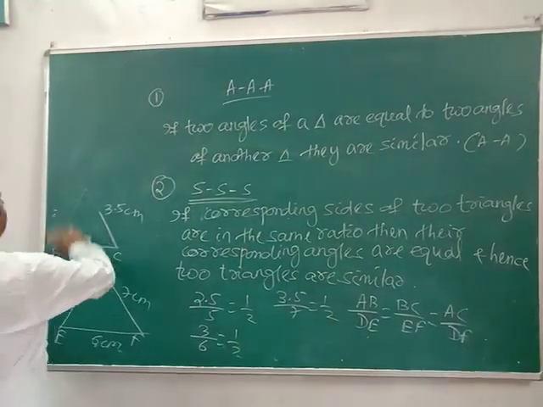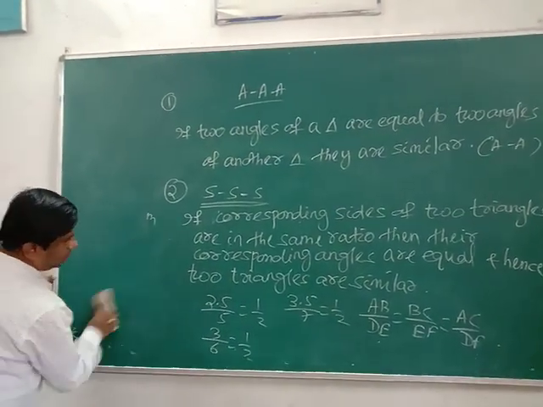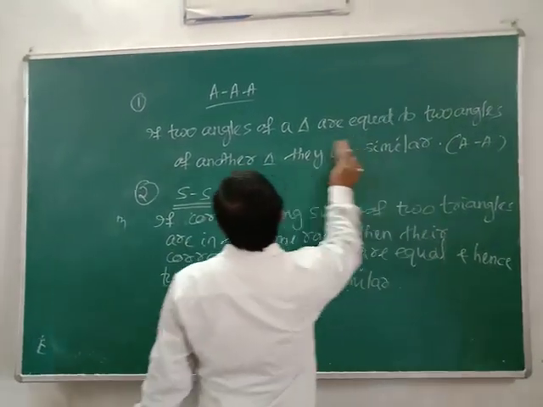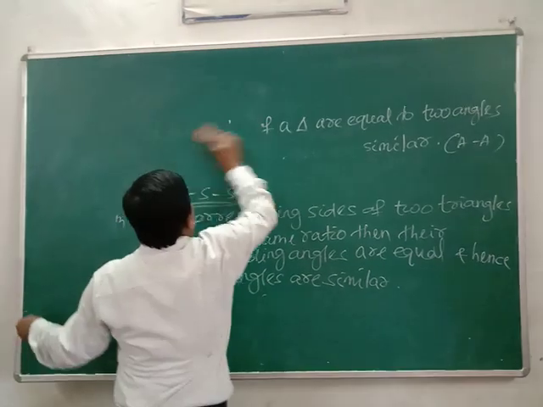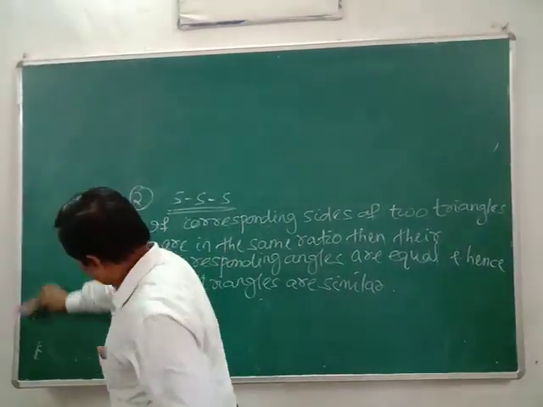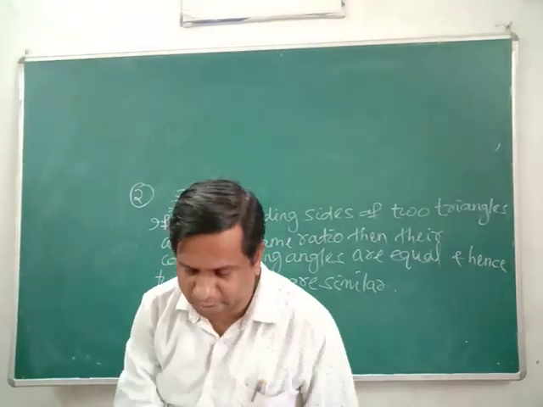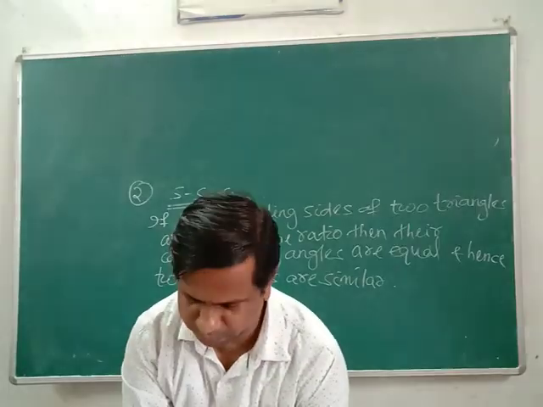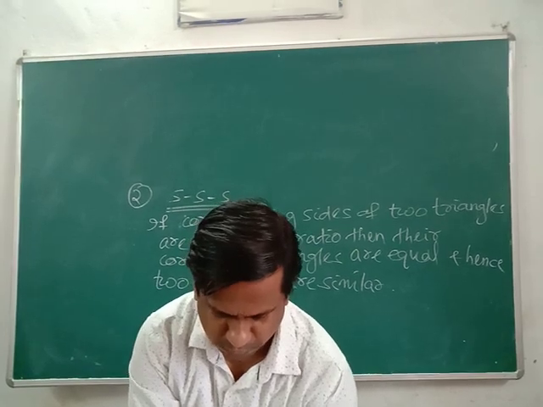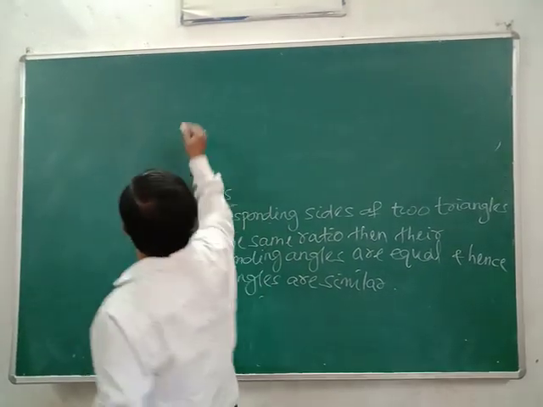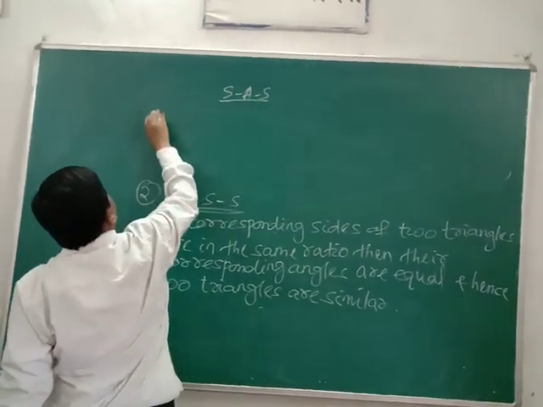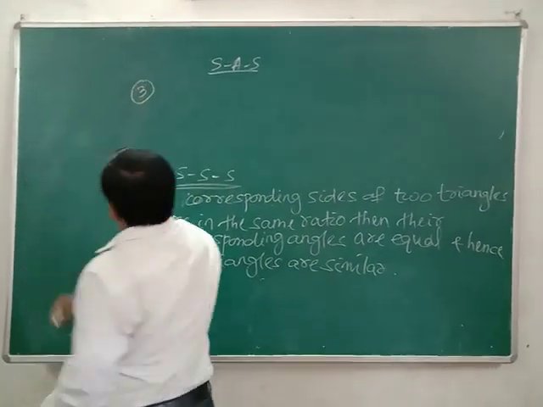And the third criteria is, you write down this. Next to third criteria. What is the third criteria? That is SAS, side angle side.